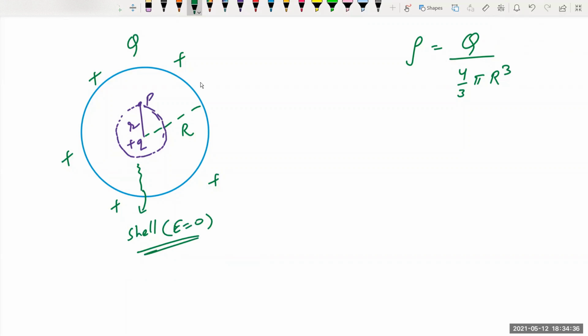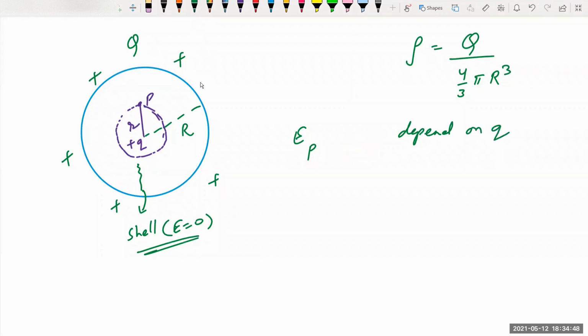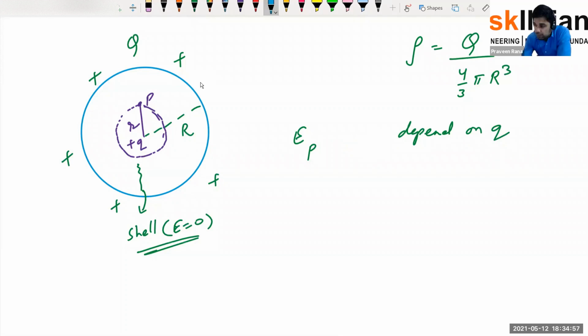So electric field at P would only depend on small q. Not only, it will also depend on the distance r. So I can say q would be this one.